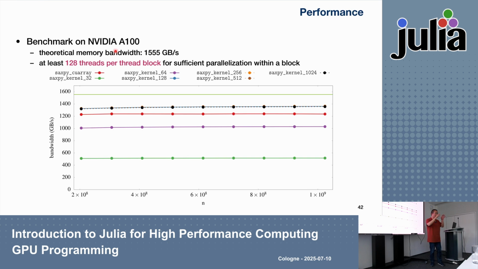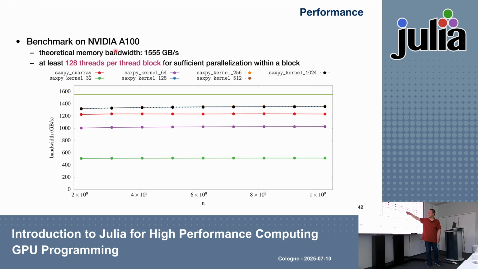But if some CUDA parameters, some configurations, low-level technical things are not tuned properly, you will have only 500 gigabytes per second, like this green line with this kernel. I don't know, maybe 40% performance of this super simple CuArray code, right?